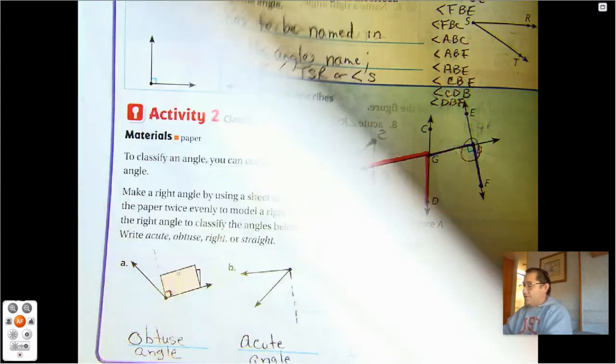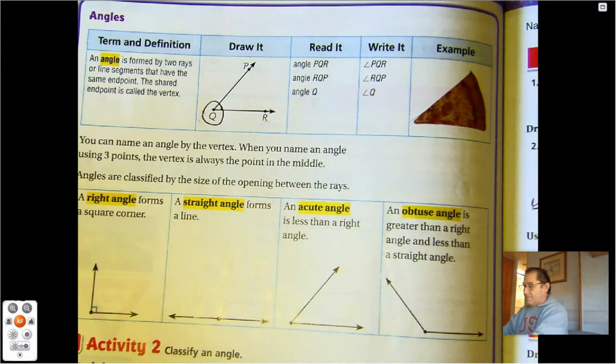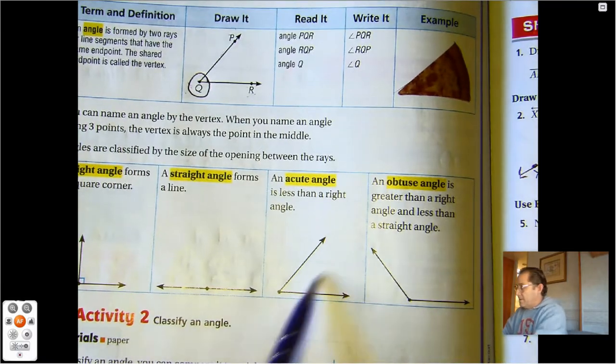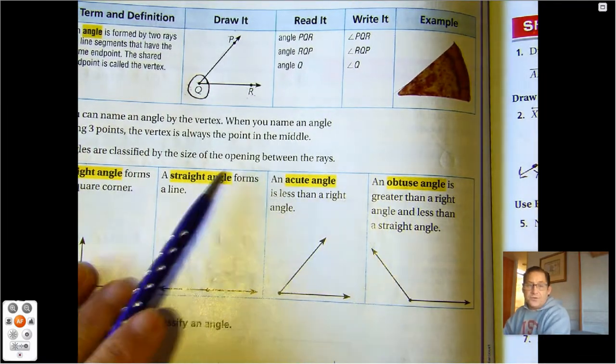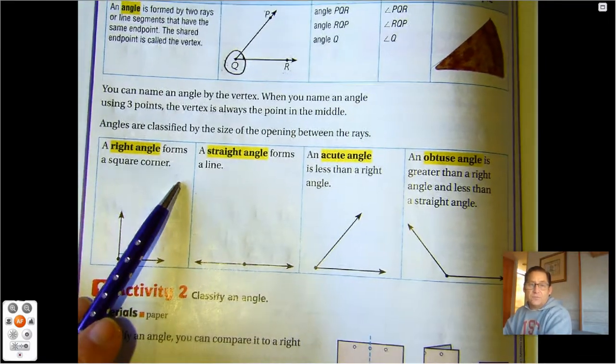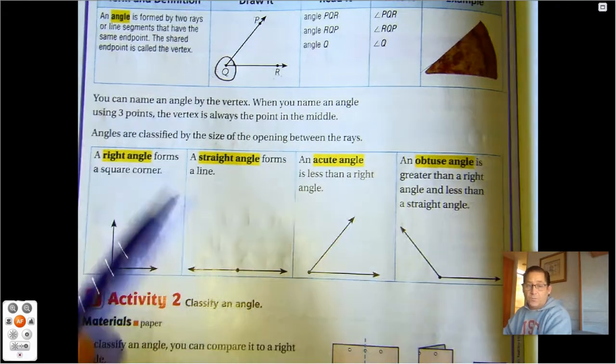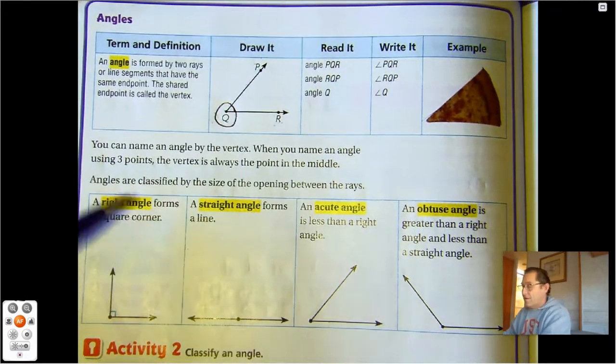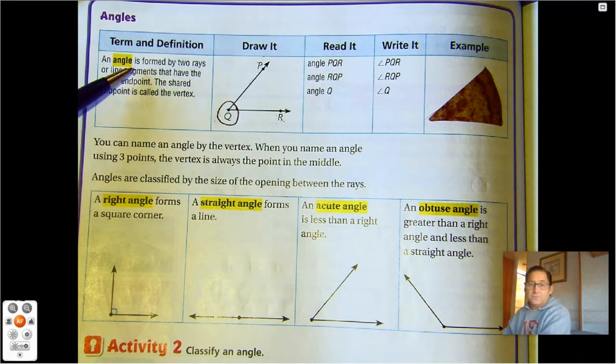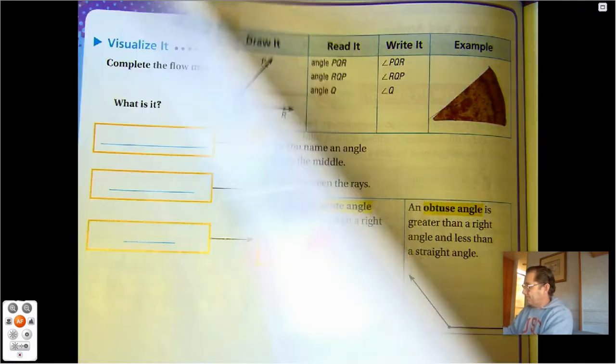So you need to practice the following terms: obtuse angle, an acute angle, straight angle, right angle. So those 4 different types of angles. Angle in general, so that's your 5th term.